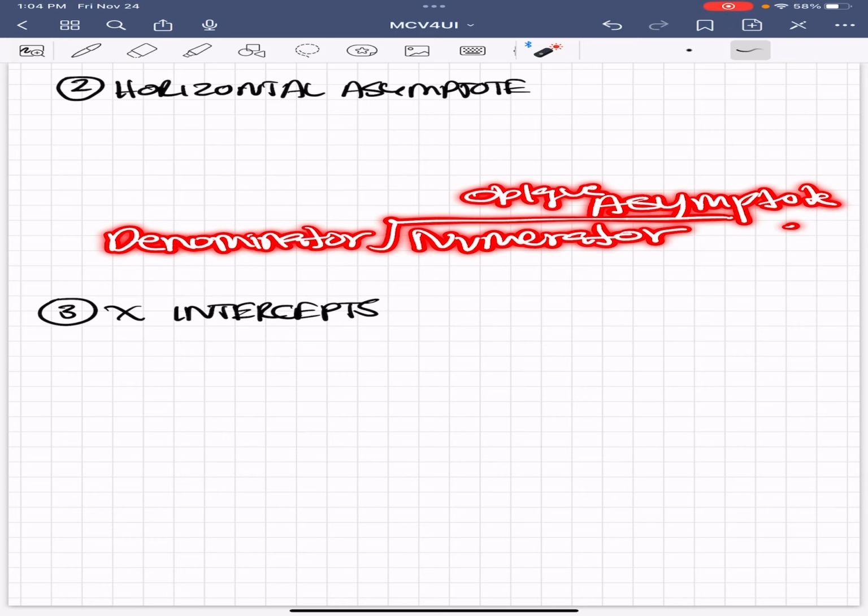So if your question states that the degree of the numerator is greater than the degree of the denominator, then you would divide the numerator by the denominator and get the oblique asymptote. So that's for case number 3.